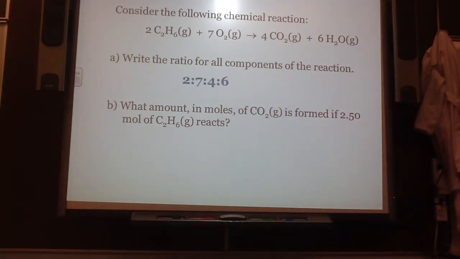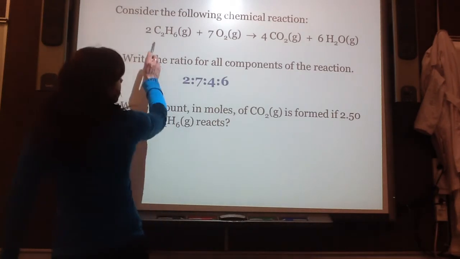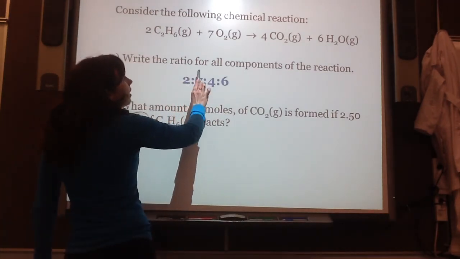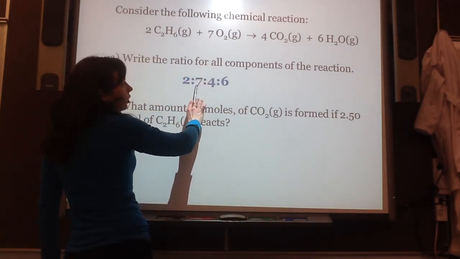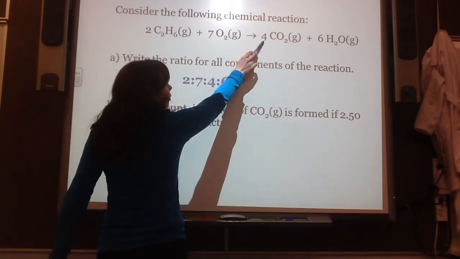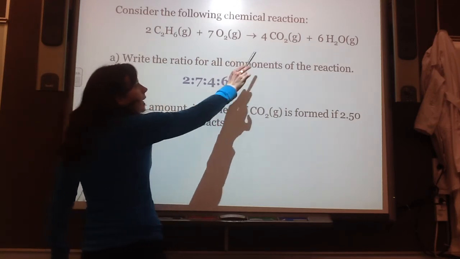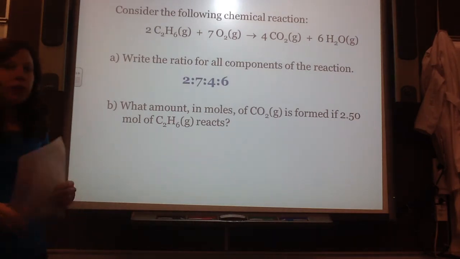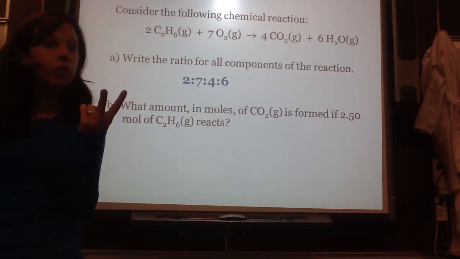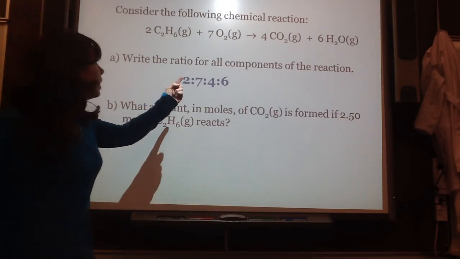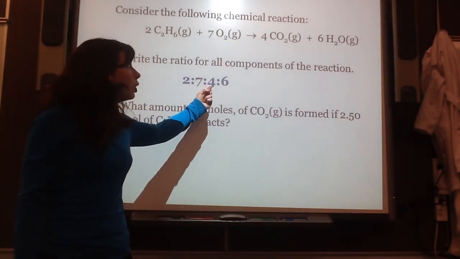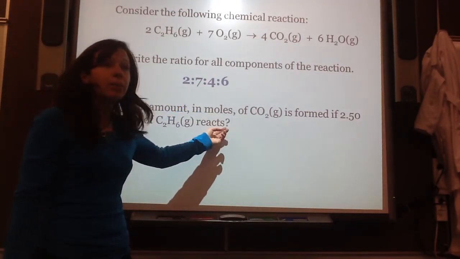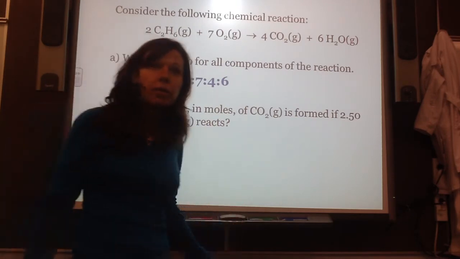There are 2 ethane molecules for every 7 oxygen molecules to every 4 carbon dioxide and 6 water vapor. So for every 2 ethane molecules that are burned, I need 7 oxygen, I'm going to get 4 carbon dioxide, and I'm going to get 6 water vapor.